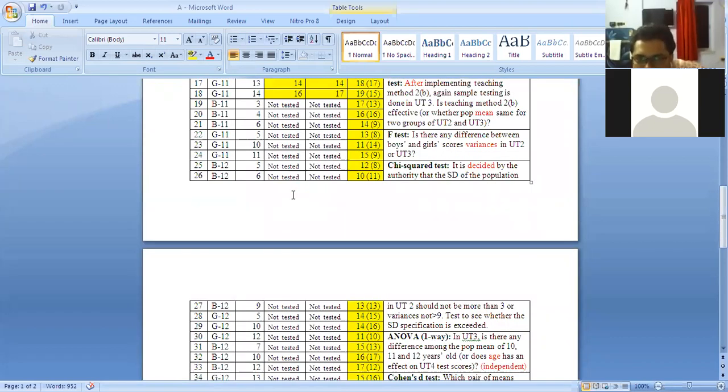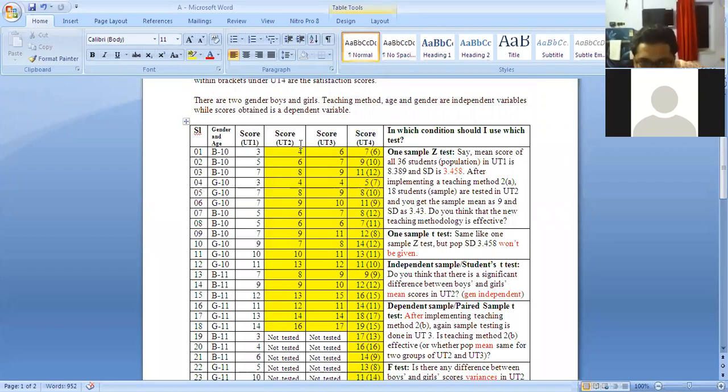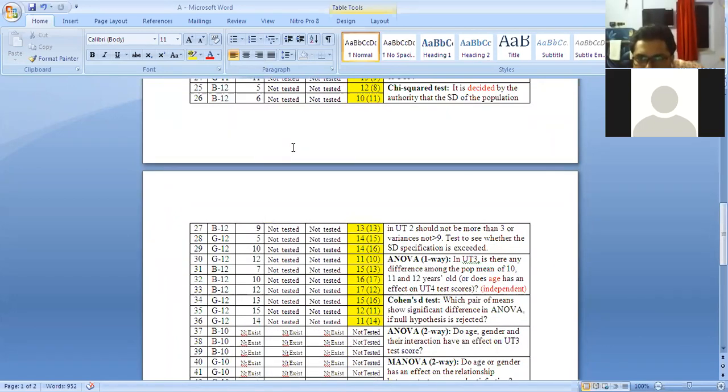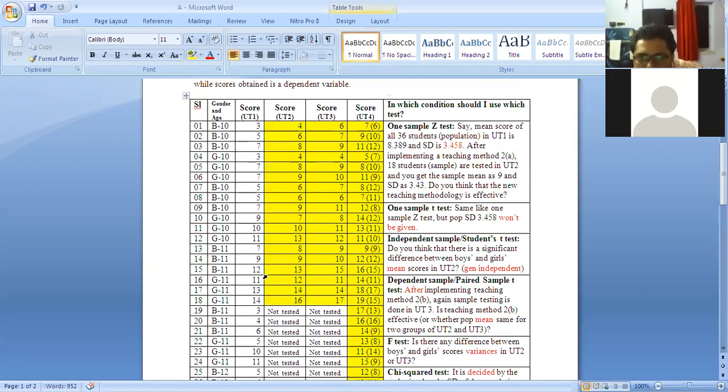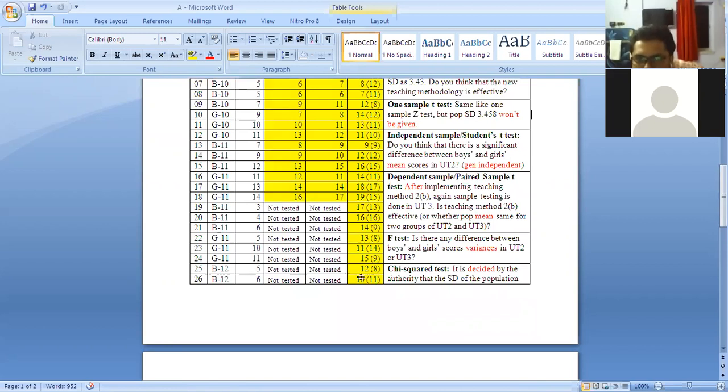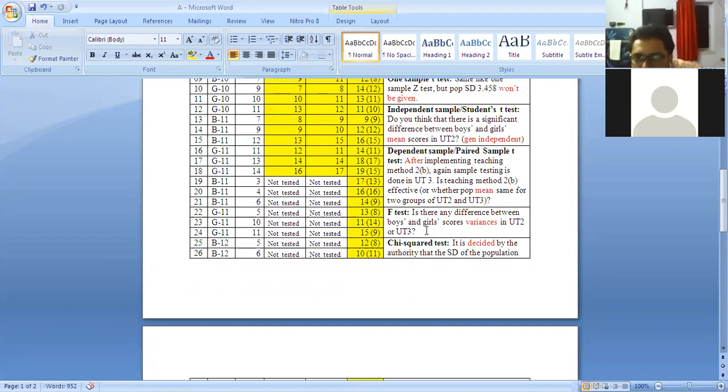So you would like to test that whatever standard deviation or the variance you are finding in your sample, from that, if you can infer or draw the conclusion that the population variance is also exceeding the specification limits, okay, as provided by the authority. So that you would like to test through the chi-square test.